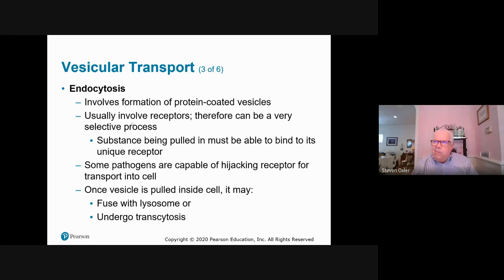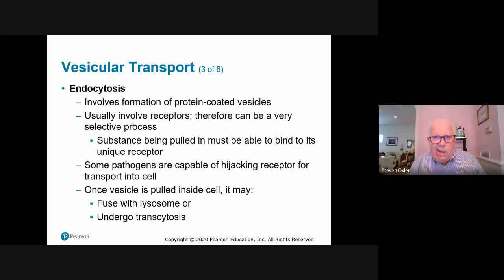One of the typical examples of endocytosis is how to get glucose into a cell. Glucose has to bind to insulin, and insulin will get the glucose into the cell. Without that receptor, glucose cannot come into the cell and will stay in the plasma.